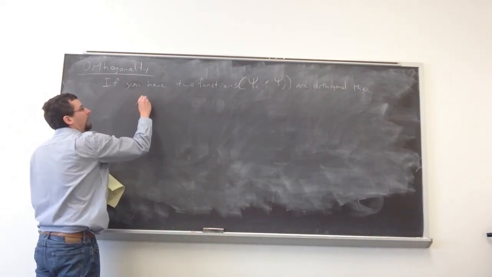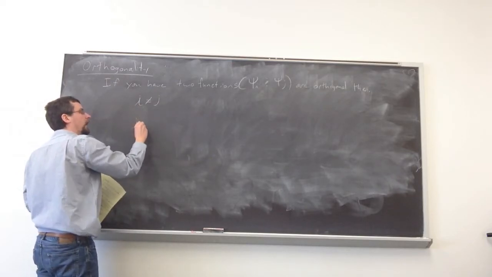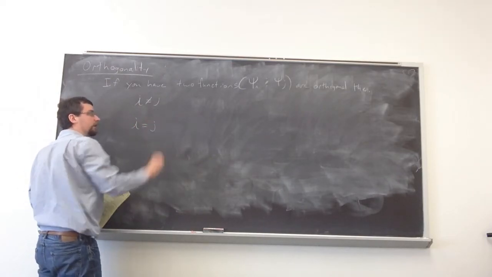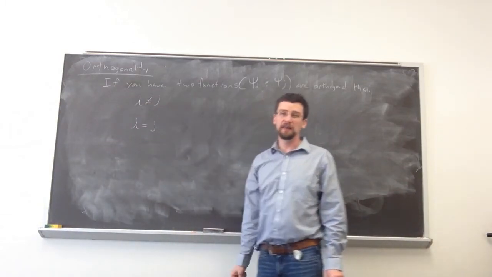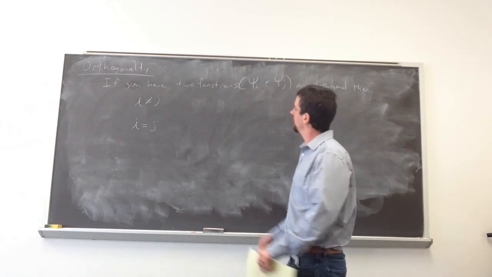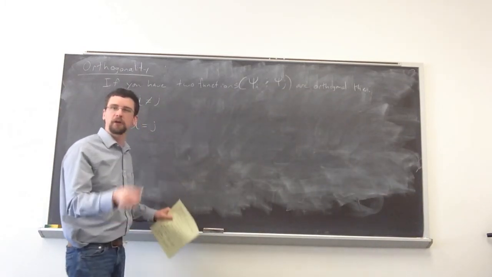We have where i does not equal j, and we have where i does equal j. So i and j are the same, meaning in the bottom case they're the same two functions, and in the top case they're differing functions.